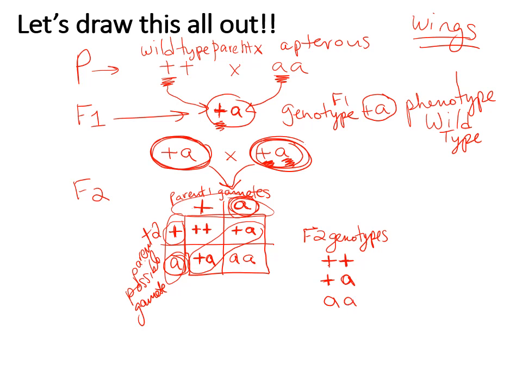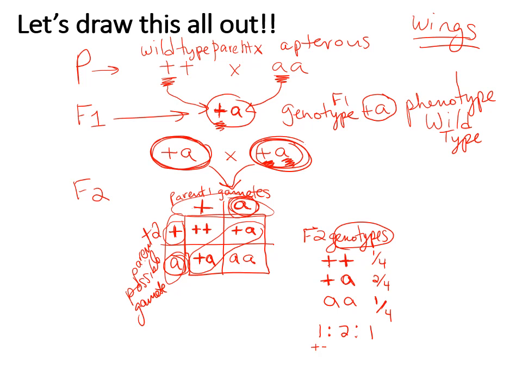So you had 1 out of the 4 were homozygous wild type, 2 out of the 4, or 1/2, were the hybrid or the heterozygous, and then 1 out of the 4 was fully apterous. So the genotype ratio was 1 to 2 to 1.